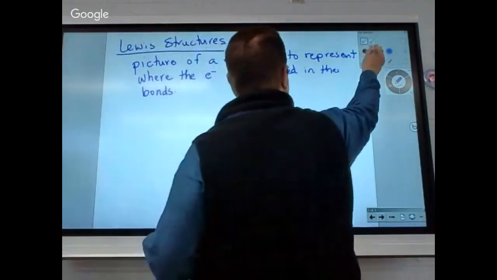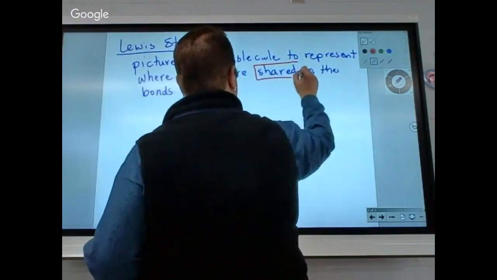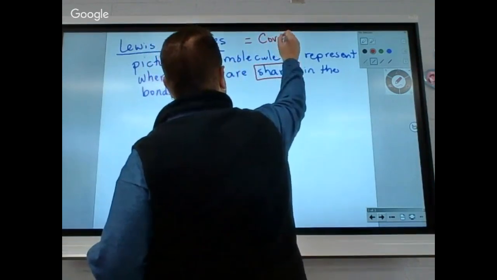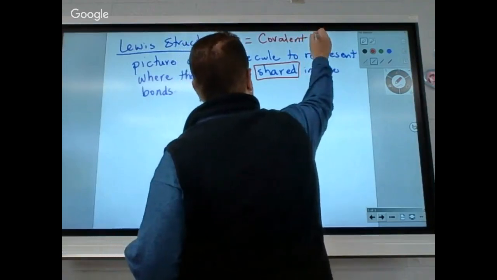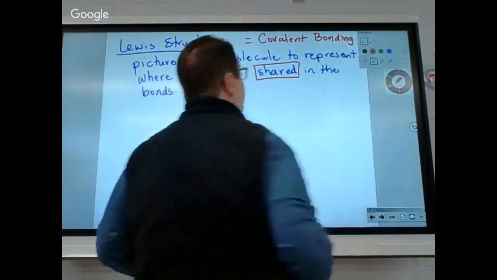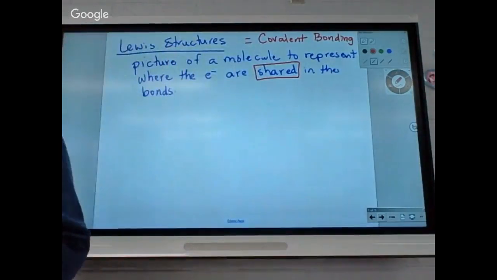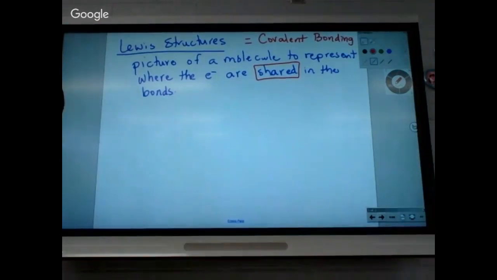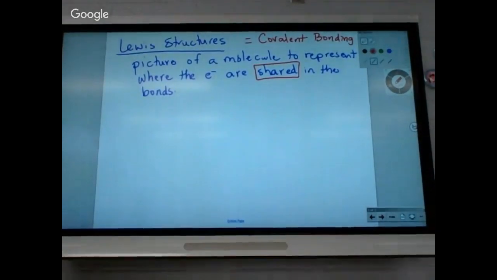Notice the word I used, shared. So, Lewis structures are only used for covalent bonding. We are not going to use these for ionic or metallic bonding. We can only use these for covalent.